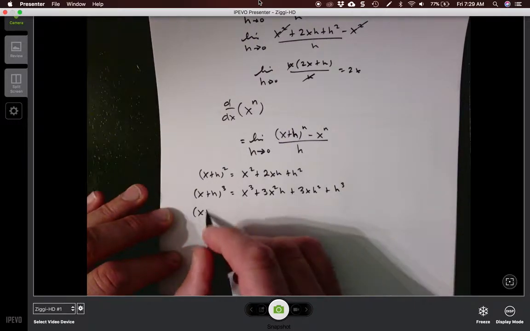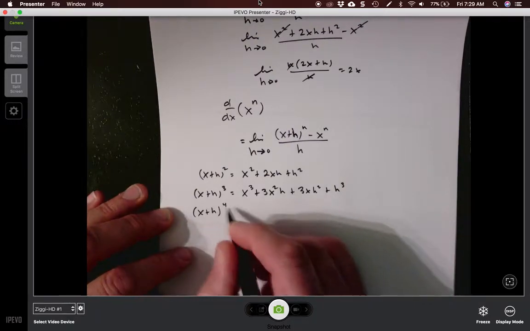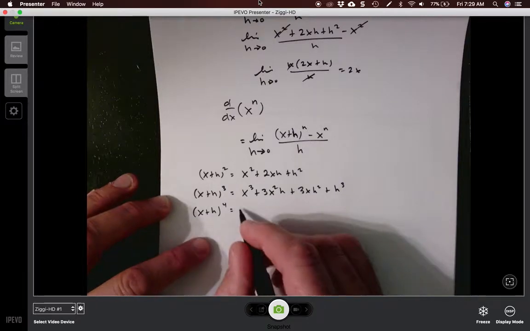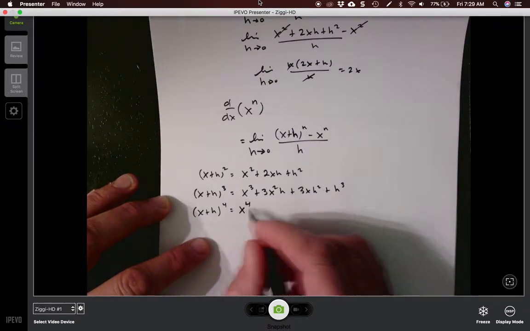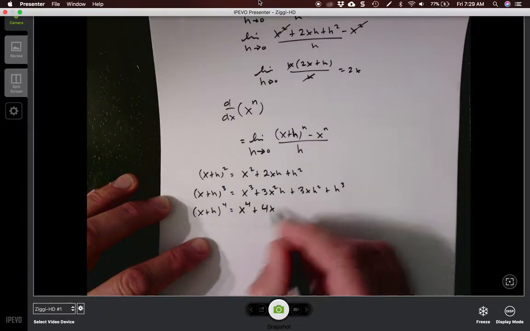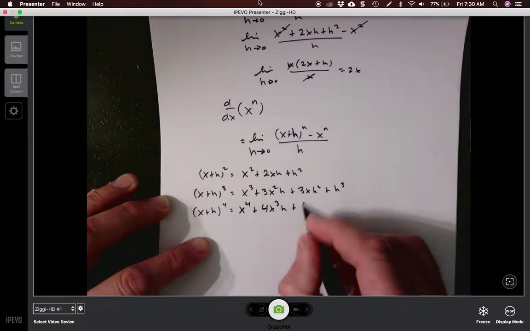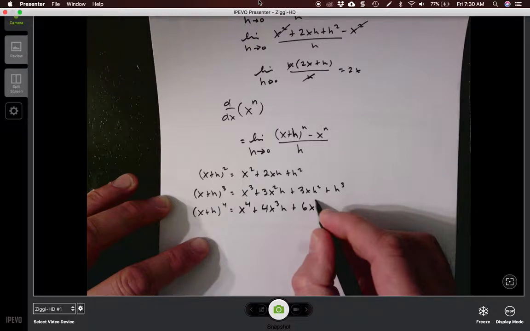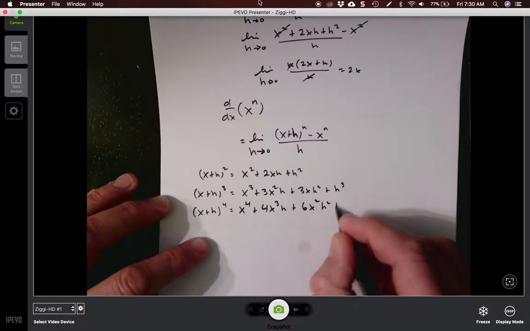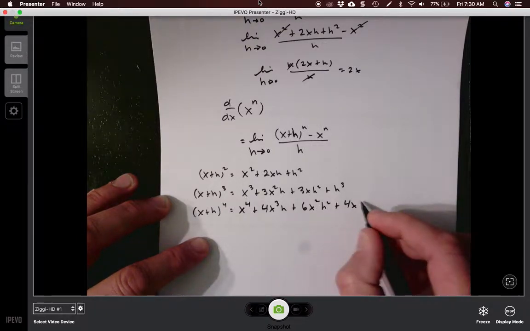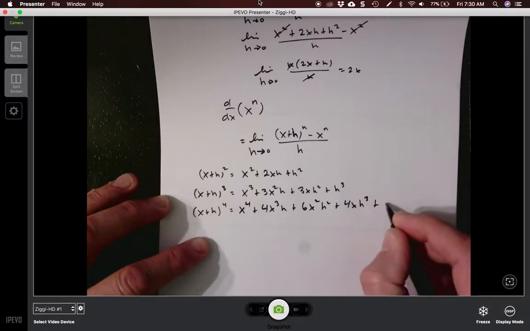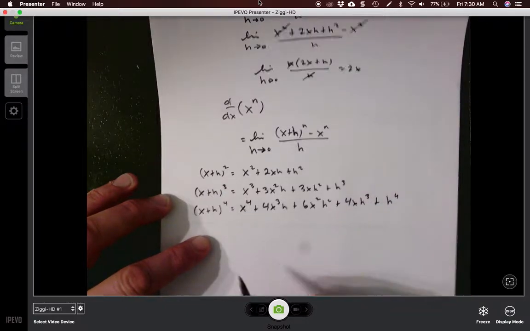And if you take (x + h) and raise it to the fourth power, the expansion is going to be x to the fourth plus 4x cubed times h plus 6x squared h squared plus 4x h to the third plus h to the fourth.